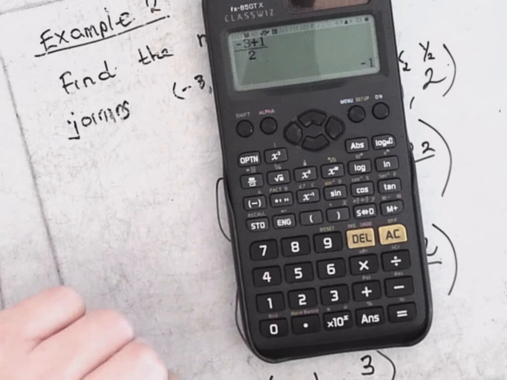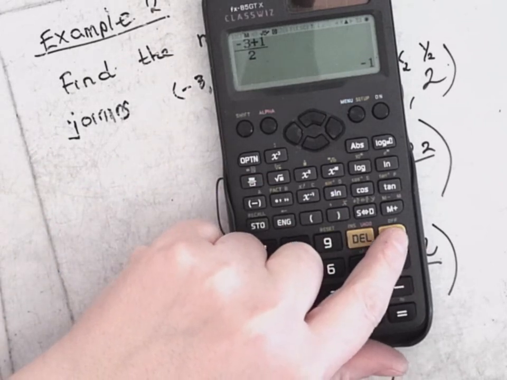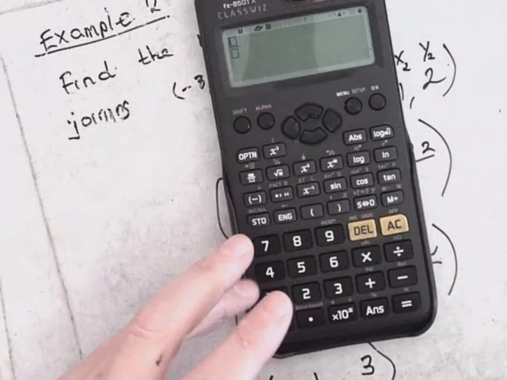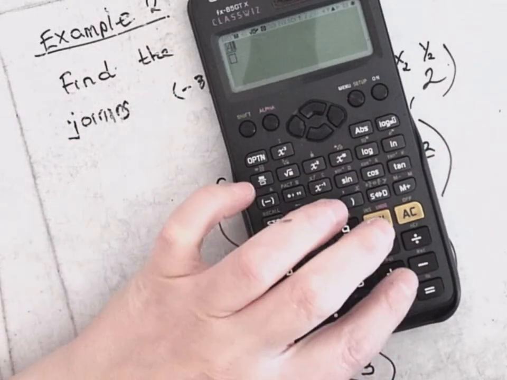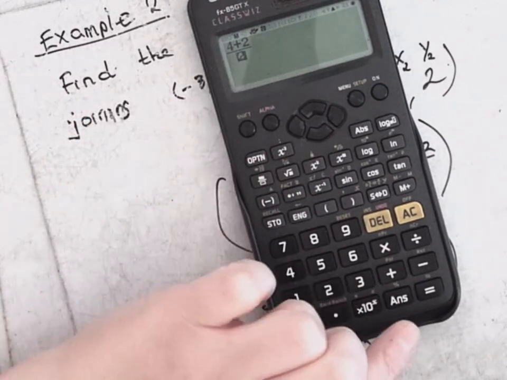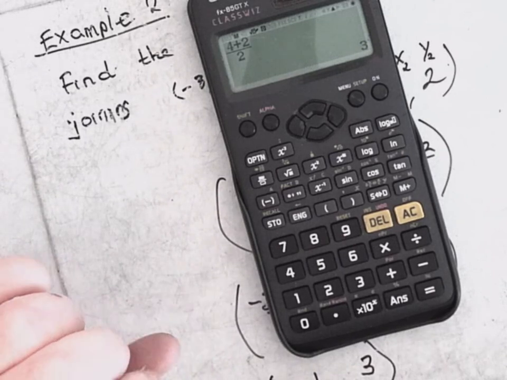Okay, right, then cancel it off, press it again, and the other one is 4 plus 2 on top. Use the down arrow to get underneath the line, press in a 2 there, and you press equals, and you get 3. Okay?